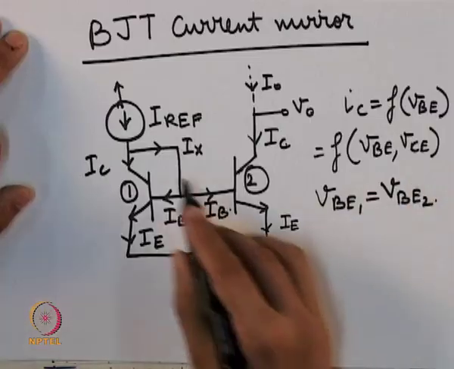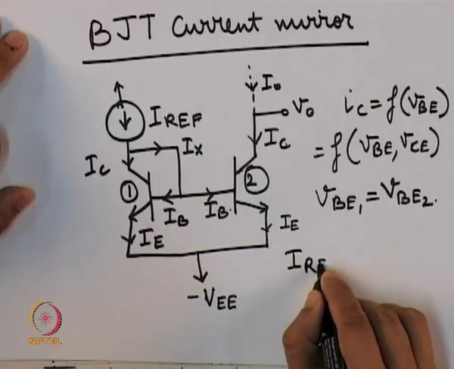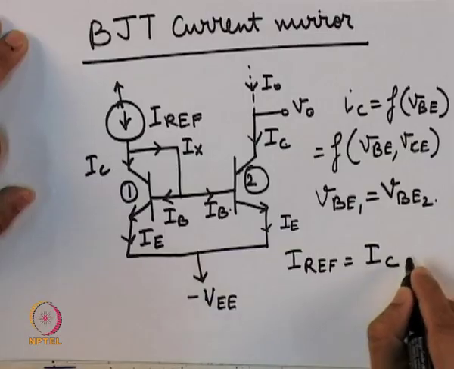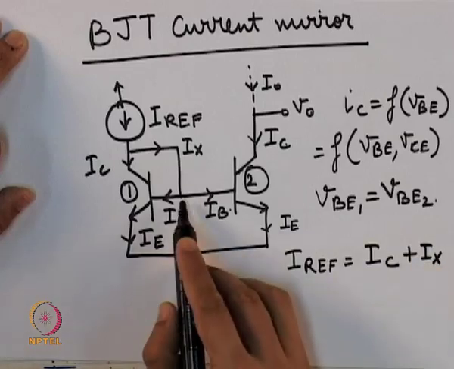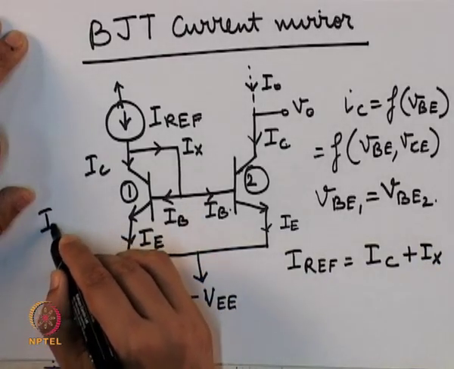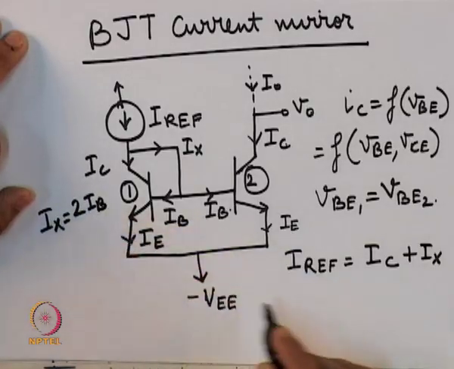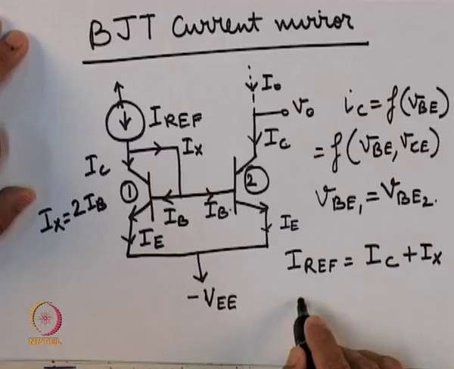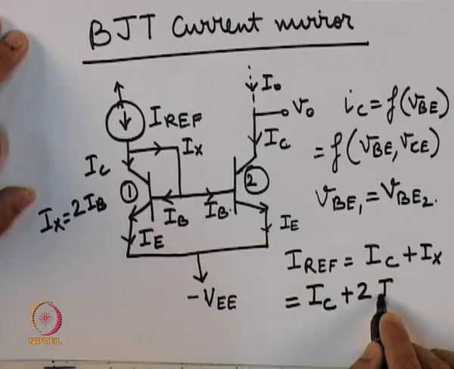So, we can write the current Iref as equal to IC plus IX, and IX, as we can see, is equal to twice IB, where IB is the base current flowing through the base of both transistors. So I can write this as IC plus 2 IB.